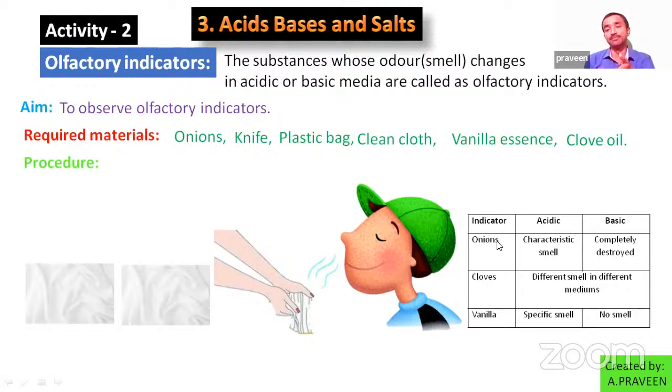In the acidic medium and in the basic medium, it gives different smells other than its characteristic smell. Vanilla essence gives its specific smell in the acidic medium, but in the basic medium it changes its smell. So these are the observations here.